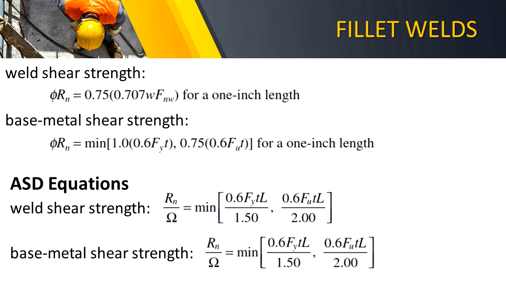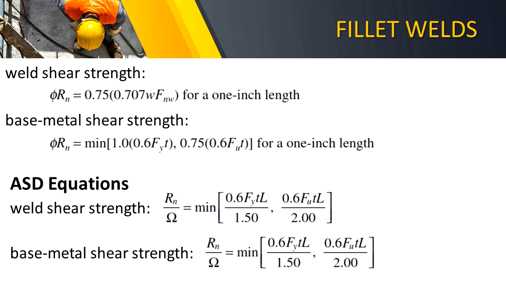For ASD equations, weld shear strength, Rn over omega, is the minimum of 0.6 FYTL over 1.50 for shear yield strength, and for shear rupture strength, 0.6 FUTL over 2.